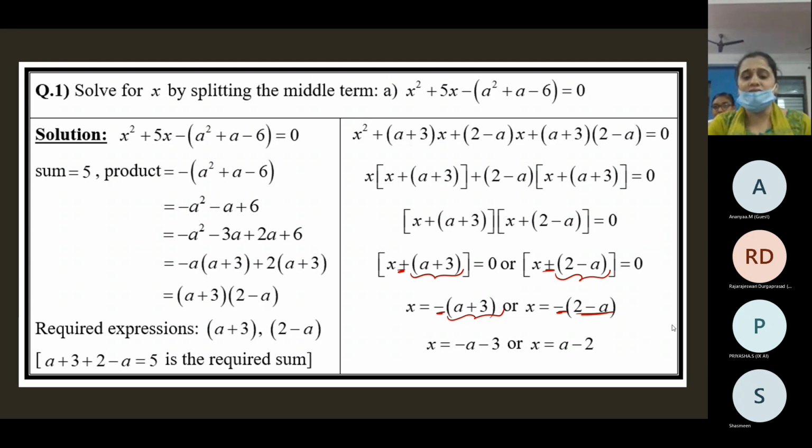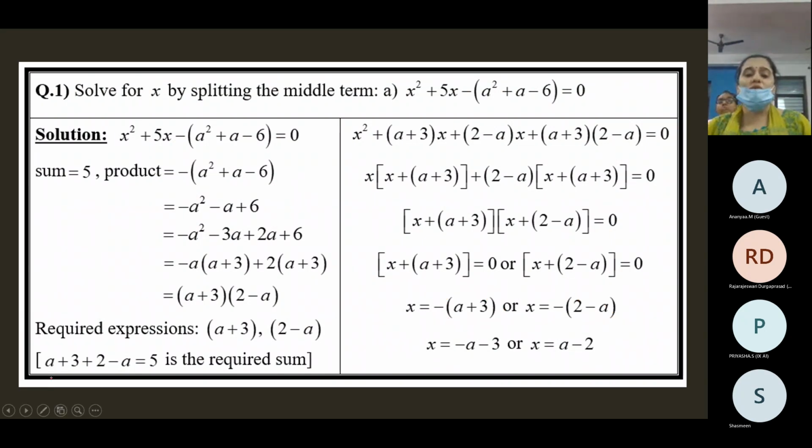So x is equal to, open the bracket, x is equal to minus a minus 3 minus 2 plus a, correct? Which is nothing but a plus 2, a minus 2.